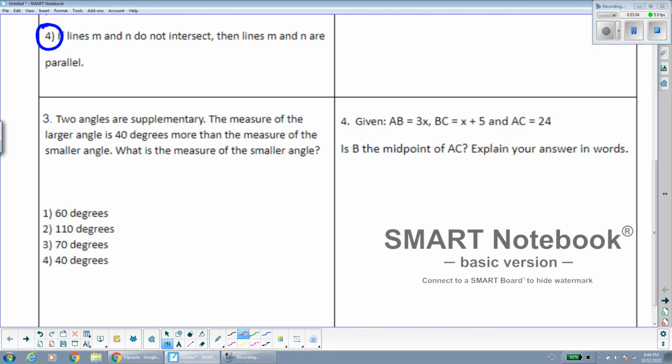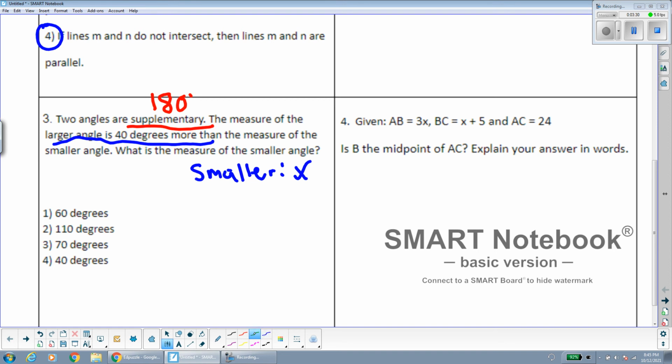For number 3, we're told that two angles are supplementary, and that means they add up to 180 degrees. It says that the measure of the larger angle is 40 degrees more than the measure of the smaller angle. So we can call the smaller angle X, because we don't know what the smaller angle is.